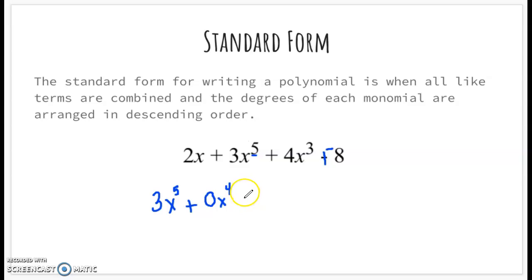It's kind of my space keeper. And then I've got my 4x cubed. Then again, I don't see an exponent of 2, so I'm going to fill in 0x squared. Then I've got 2x to the 1st and negative 8. You could write your x to the 0 there, but we know x to the 0 is just 1. So that would be how you'd rewrite that polynomial in standard form.